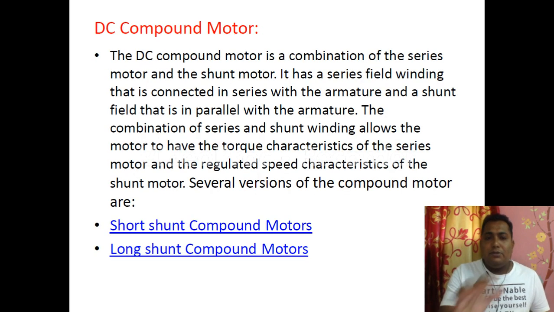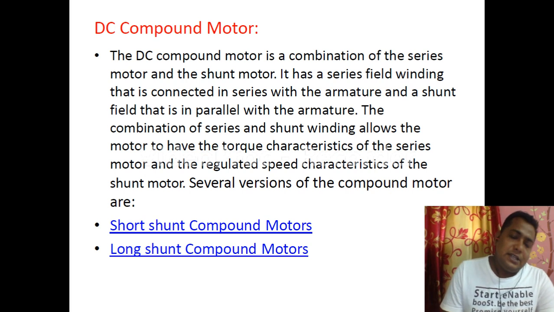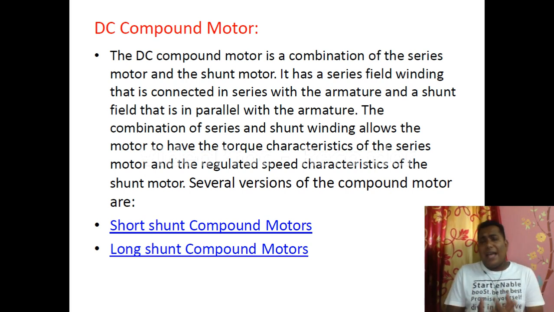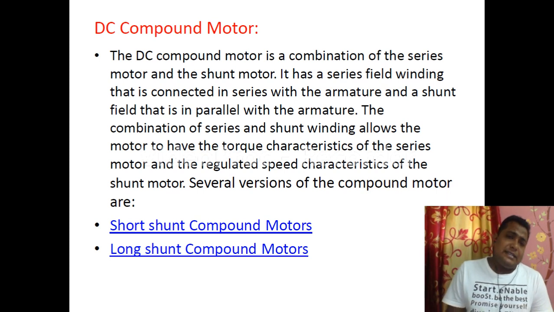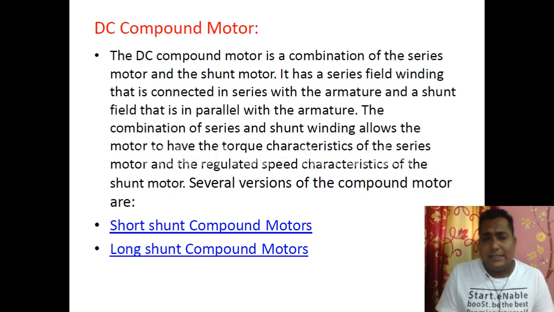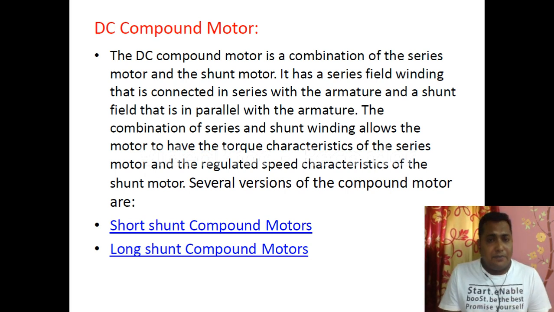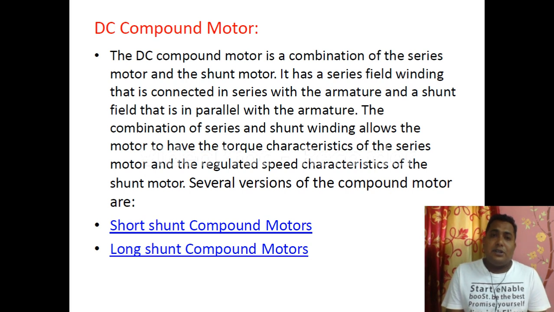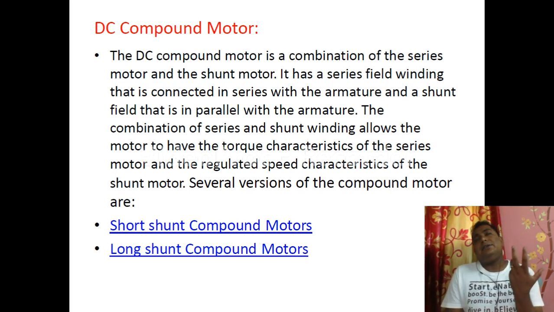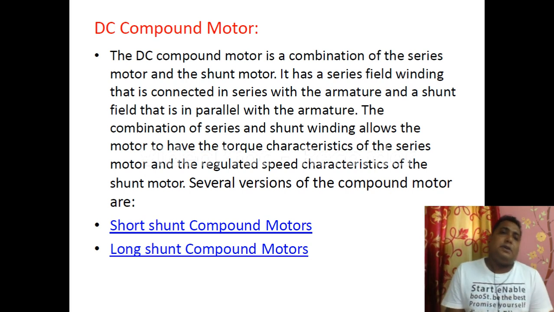Let us come to the next. This is the compound motor. As we have seen, series motors have some characteristics and shunt motors have some characteristics. In the case of series motors, we have seen that it has a very high starting torque. In the case of shunt motors, we have seen that it is a constant speed machine.